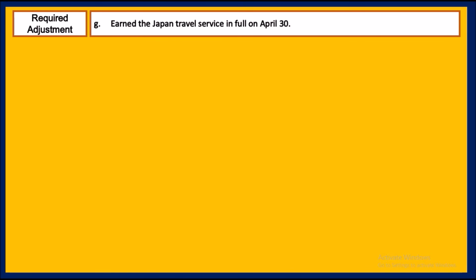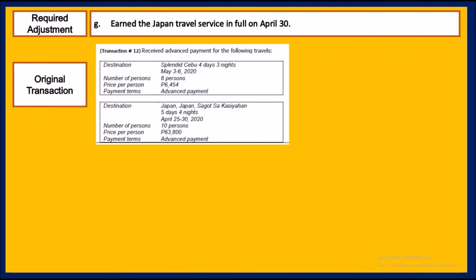Then, let's continue. We also have earned the Japan travel service in full on April 30. Remember, meron po tayong transaction na yung mga customer natin ay nagbayad po in advance. Okay? Yung isa po ay Cebu na 4 days, 3 nights pero sa May pa po siya mangyayari. Remember po na yung ginagawa nating financial reports ay para sa April 30 lang.